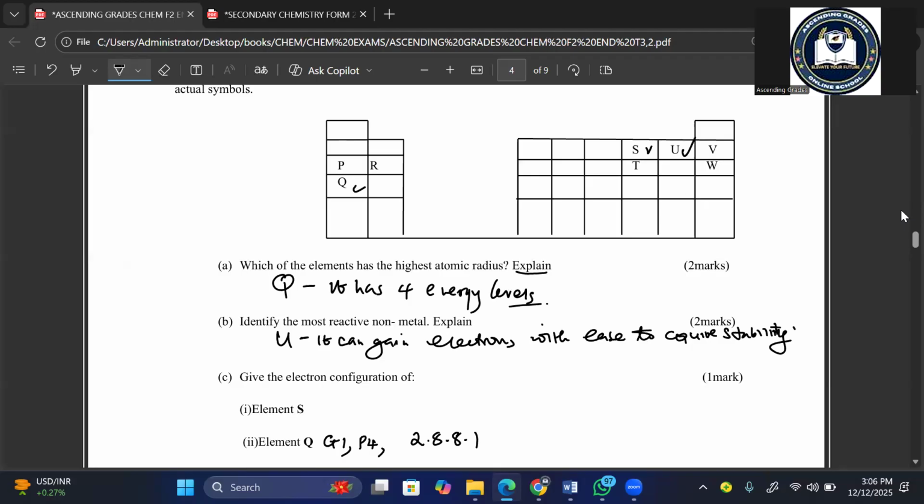While S is in group 6, period 2, so it will be 2.6.